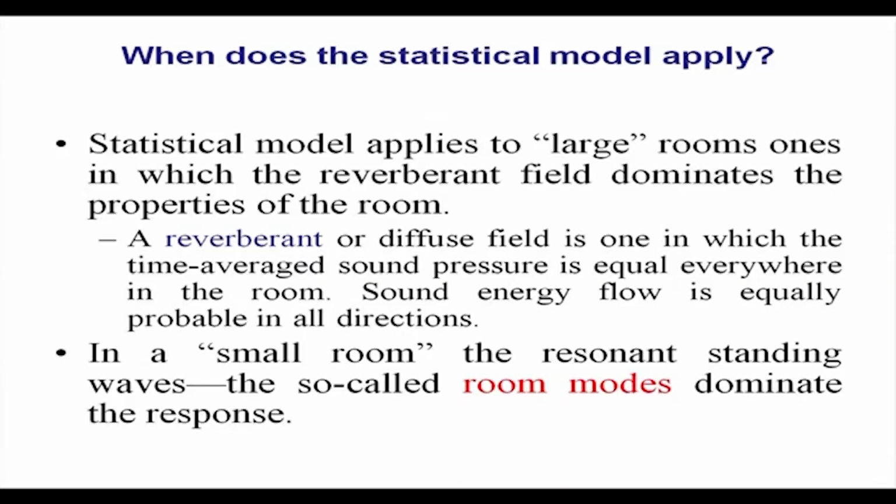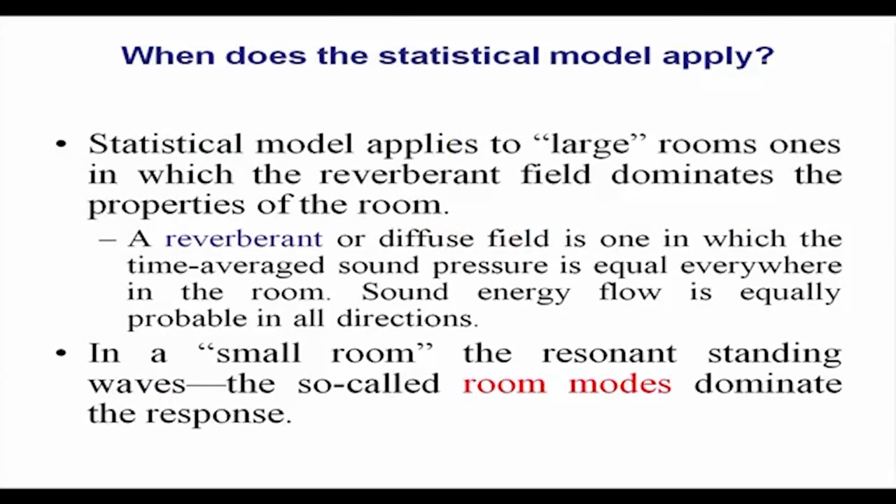In a small room, the resonant standing waves, so-called room modes, dominate the response. In a small room, the number of reflections will be less, and the sound field is not a reverberant sound field; it is created by room modes. Let us discuss those two things.